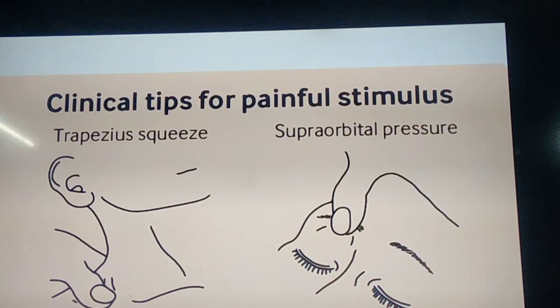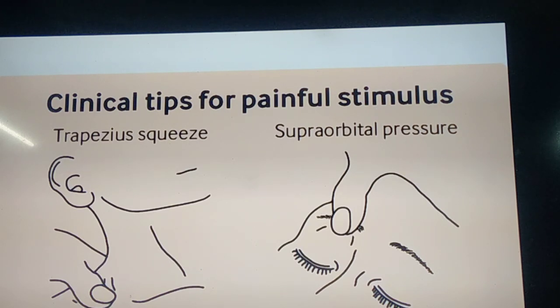That time you will give the score 2. That means we are giving a painful stimulus to the patient, and to that painful stimulus the patient opens the eyes. That time we will give the score 2, E2. Okay, the patient's eyes are closed, we have called the patient, they did not open the eyes, we have given a painful stimulus, still the patient did not open the eyes.